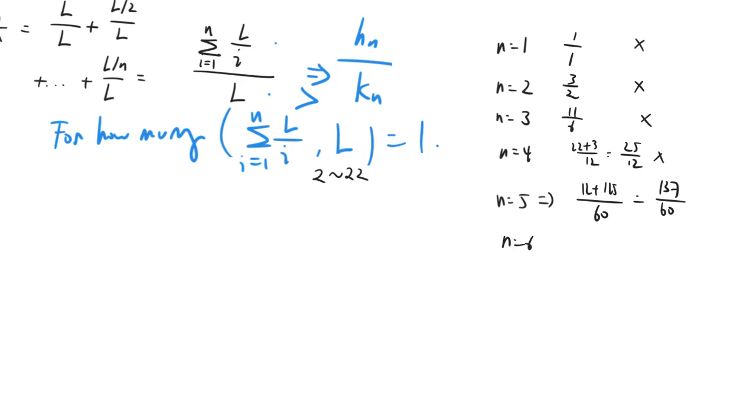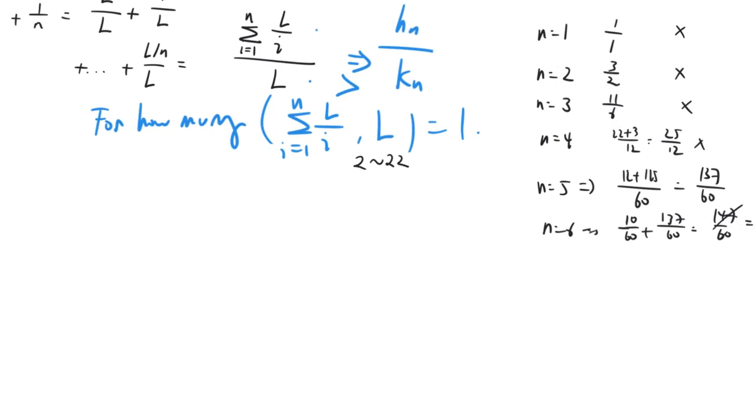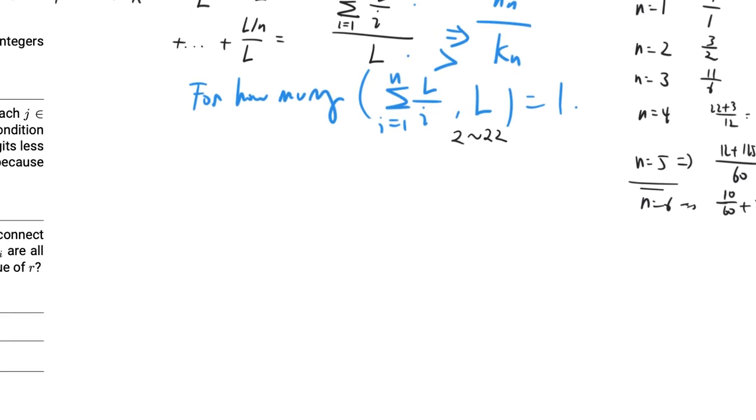And then n equals 6 would give us 10 over 60 plus 137 over 60, so that's 147 over 60. And this is simplifiable, so we can divide a 7 on both to get this. So apparently 6 does work. So we're going to start working from n equals 6. So here, from 1 to 5, we don't have any that are true.